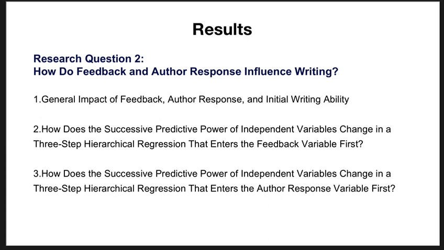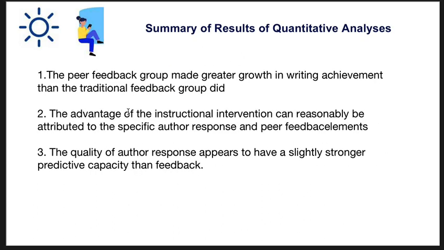Then the author did a summary of results of this quantitative analysis. In the summary, results of the ANCOVA reveal that, beginning with a slightly different level of writing ability, the peer feedback group made greater growth in writing achievement than the traditional feedback group did.